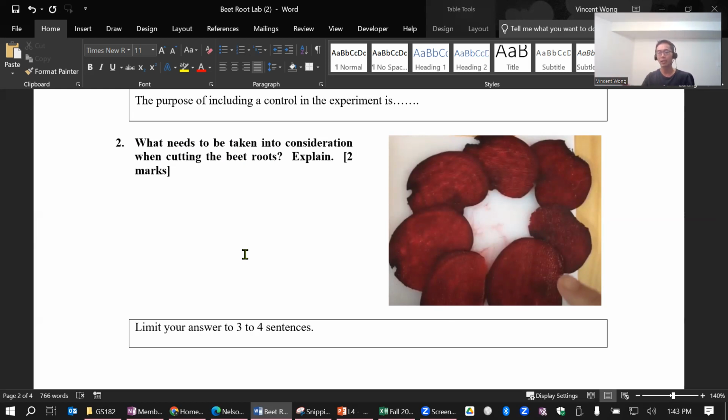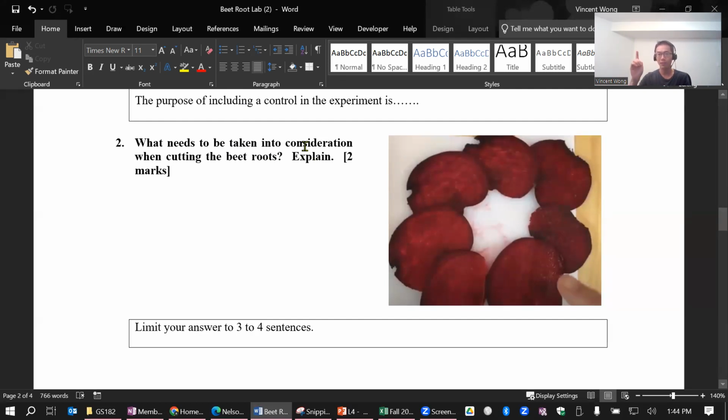I'll give you an example. You want the pieces to be the same size, and then you have to explain why that is important. What happens if you don't keep them the same size? What if I have some big chunks and some small chunks? How is that going to affect the result? Besides size, is there anything else we need to take into consideration?